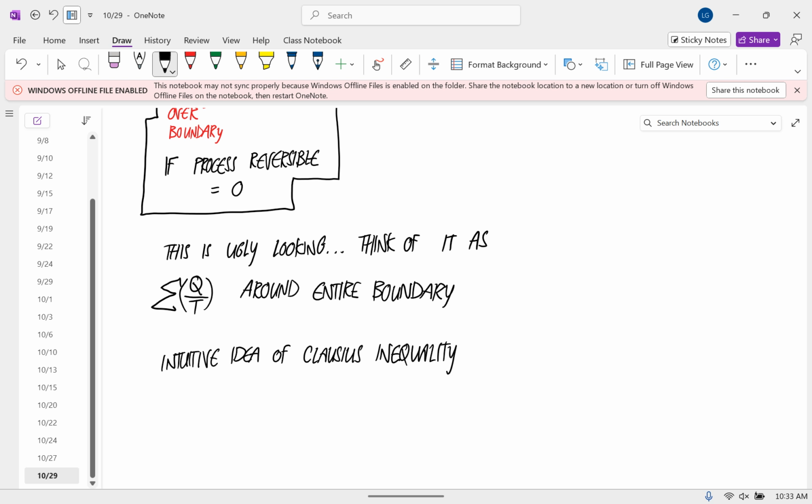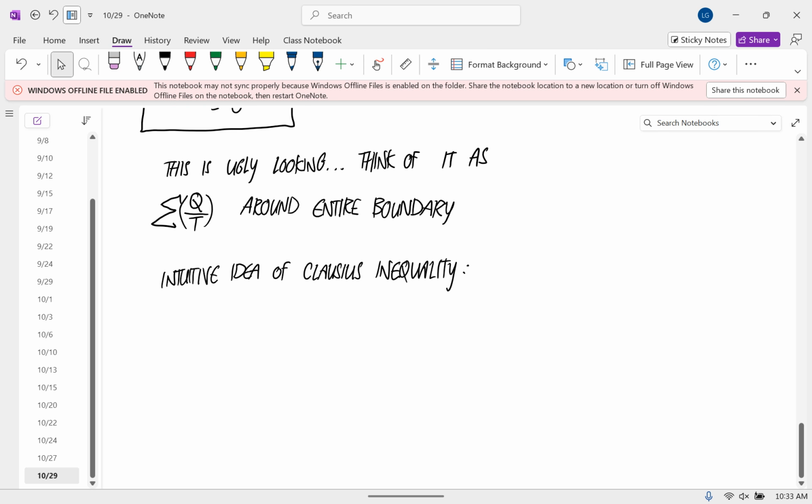So let's just think of a cycle where the only things happening are heat enters the system from a high temperature reservoir.